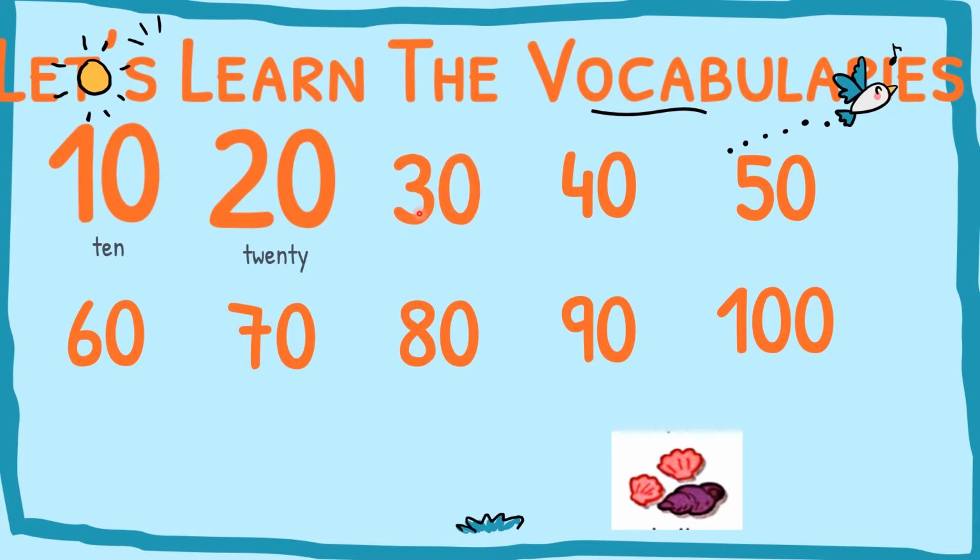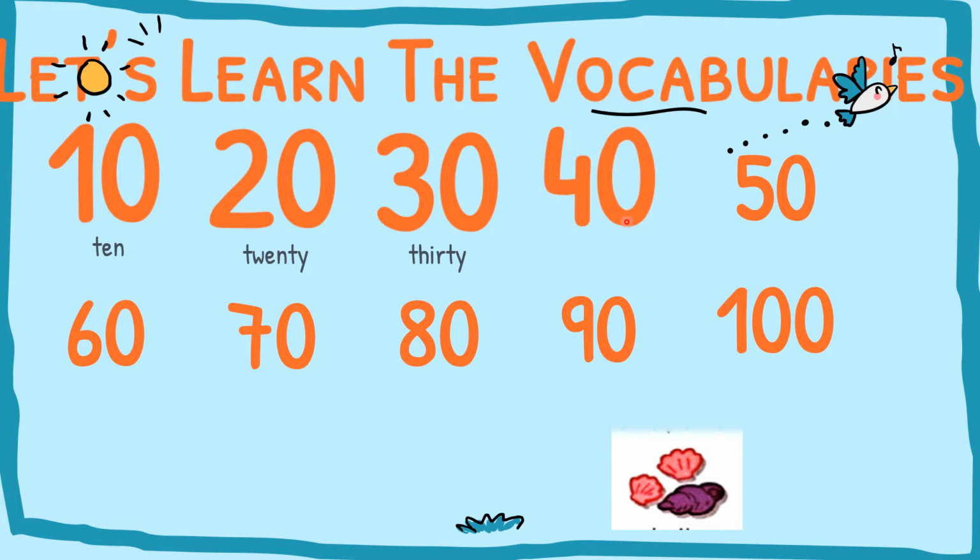The next one is 30. Spell together, 30. T-H-I-R-T-Y, 30. The next one: what number is this? I bet you already know the numbers.